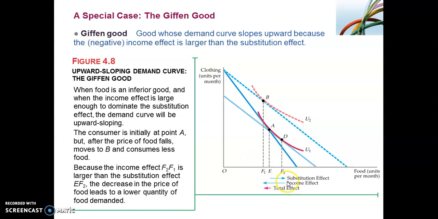Because this income effect, F2 to F1, was larger than that substitution effect between E and F2, it's going to lead to a total effect that is negative. So the decrease in the price of food led to a lower quantity of food demanded. That concludes the special case of a Giffen good.